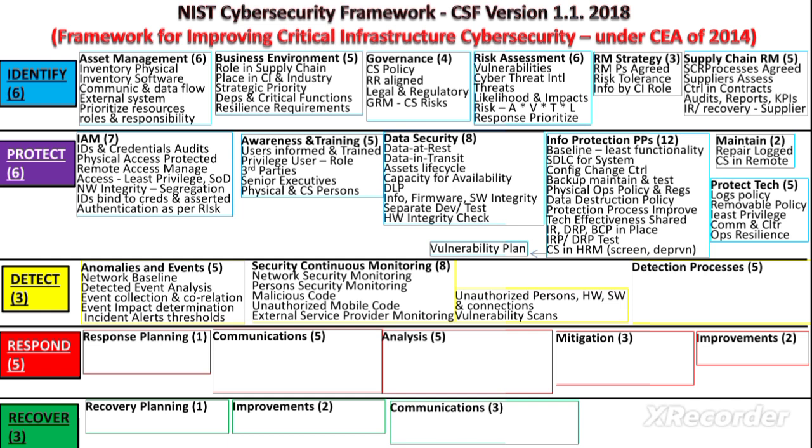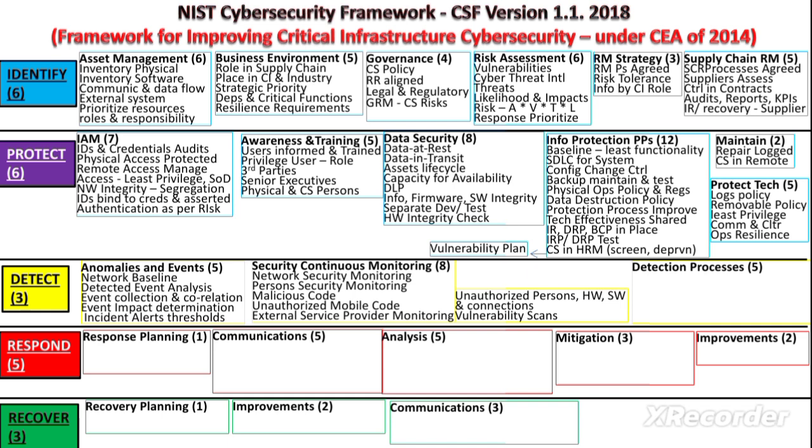And then you also have to monitor the security of your external service provider, and also any unauthorized person, hardware or software which is going to operate in your environment, and any unauthorized connections. Then you have to continuously perform vulnerability scans for your network or systems.